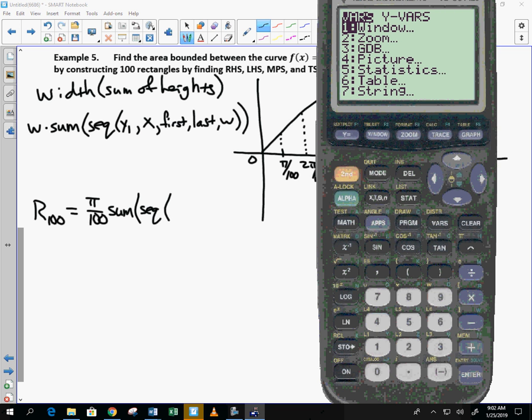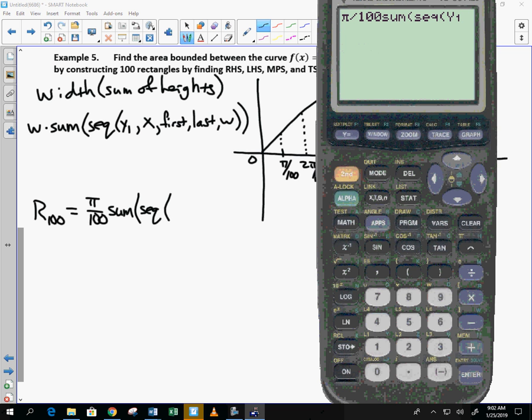I showed you how to do this one day. I'm grabbing the y variables and using the function y sub 1. Got it? Or instead of y sub 1, you could just put in sine of x. Make sure you close the parentheses.